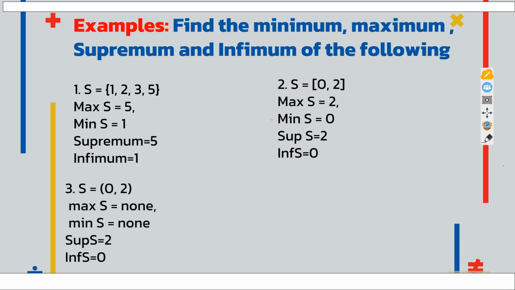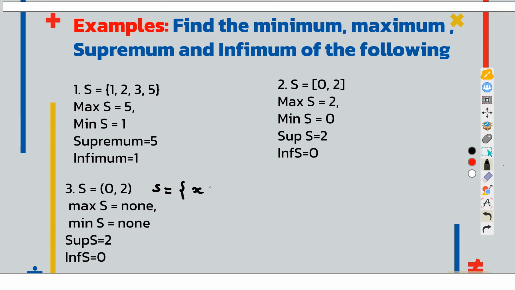Question number 3 has S, which is 0 to 2. There, you should note the difference between these brackets. These are closed brackets, which mean that 0 and 2, all the endpoints, are included in the set. But for these open brackets, it means that 0 and 2 are not part of the set.